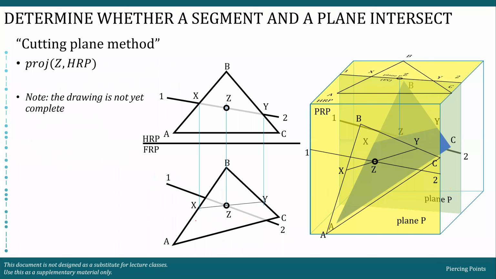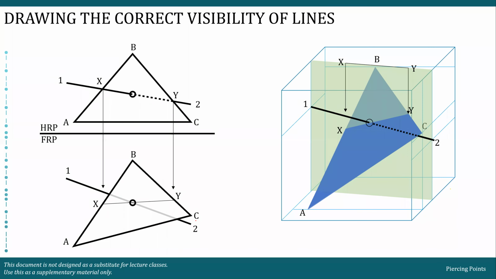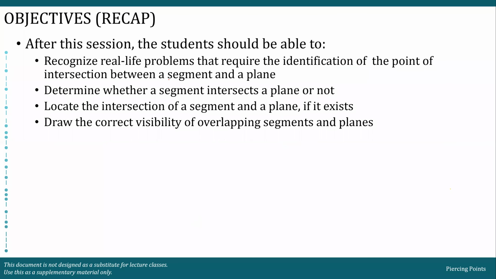Babalikan ko yung objectives natin. Determine whether a segment intersects the plane or not. Nakita na natin kung paano natin ma-determine. Kapag yung piercing point nandun sa loob ng finite plane, then na-pierce siya. Kapag yung intersection ay nasa labas ng finite plane, then hindi siya nag-intersect. Okay ba yun?